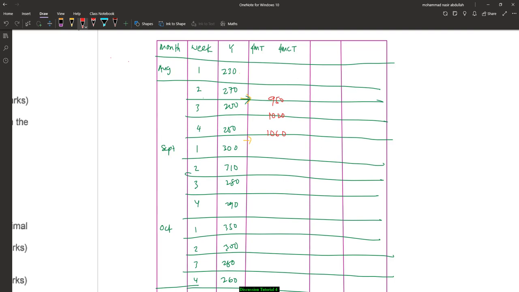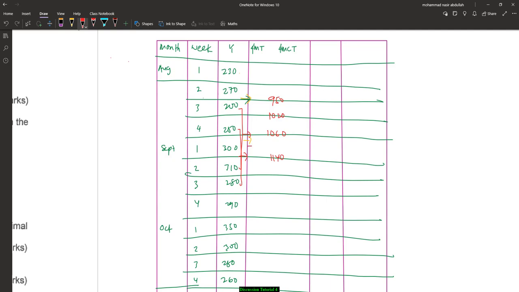So the next one should be this one to this one is this one. Alright, 250 plus 300 plus 310 plus 280. So this is going to be 1140. Confirm?